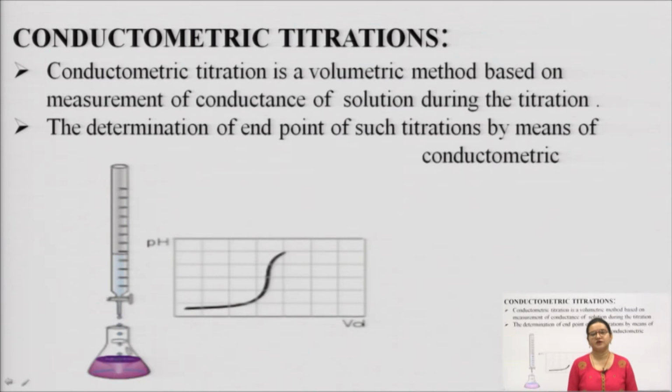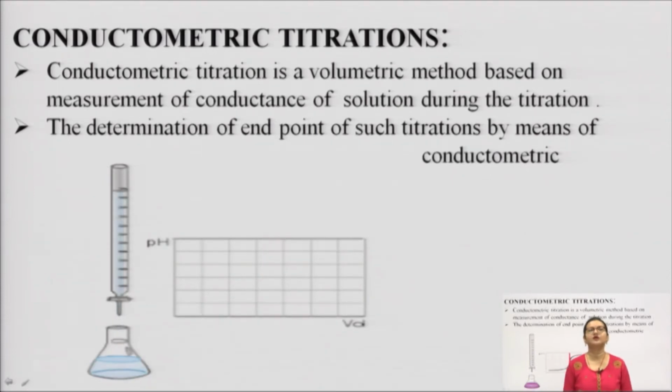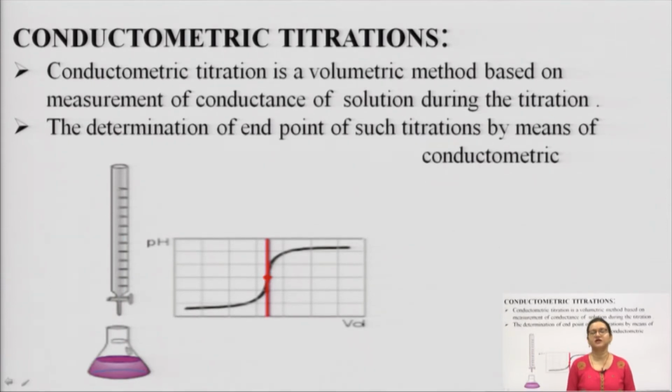Conductometric titration, as now we have got a clear idea about what conductometry is, what it includes, how we can do it, we shall study it in detail now. Conductometric titration is a volumetric method based on the measurement of conductance of solution during the titration.